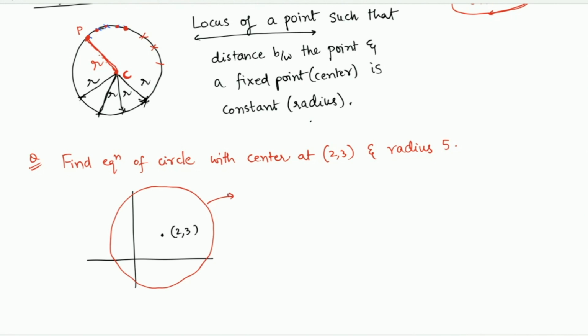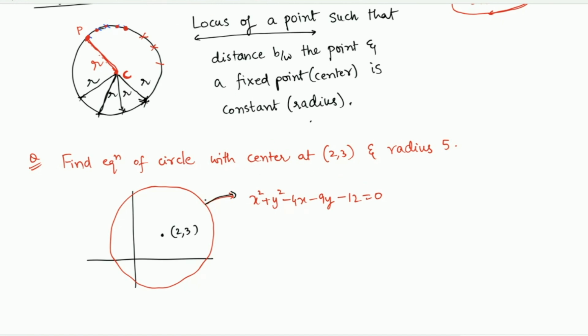When I say equation of circle, what I mean is you find some equation like this, plus something minus 12 equals something. Let's say we solve it, and we got the equation of the circle like this.